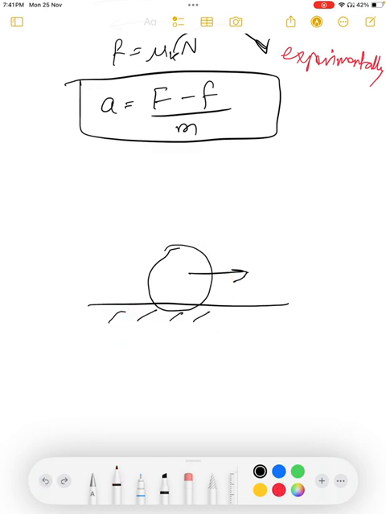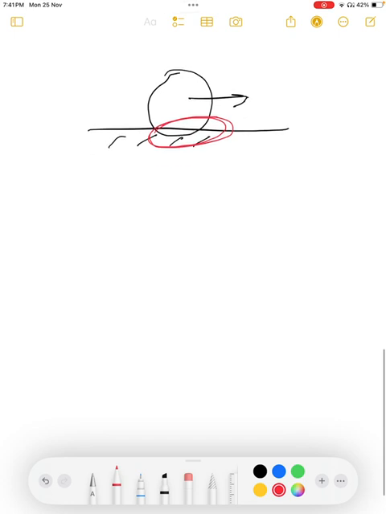So if we take a microscopic image of this section, this is the road. This is the wheel.